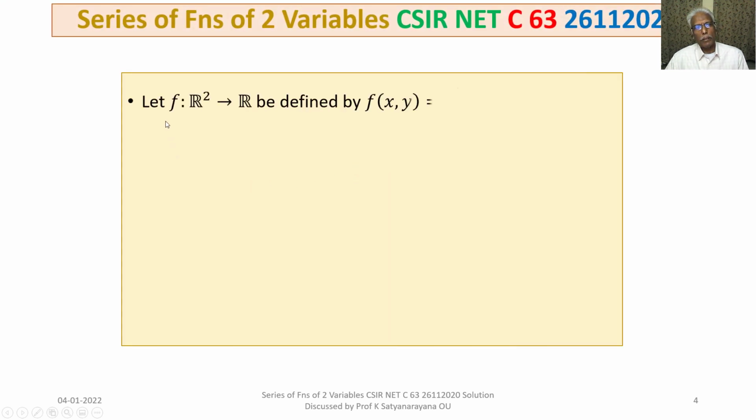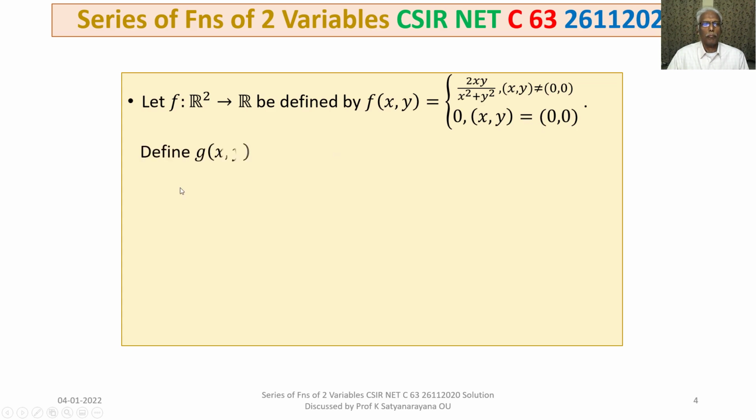The problem is: let f be a function from R squared to R, which is defined by f of (x, y) is equal to 2xy by x square plus y square when (x, y) is not equal to (0, 0), and f of (x, y) is equal to 0 when (x, y) is equal to (0, 0).